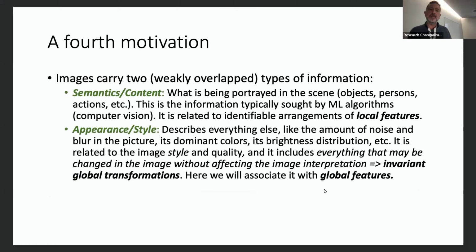First is the appearance, that is the style of the image, maybe the quality. It has more texture, it has less texture, it's blurry, not blurry. Maybe the distribution of the colors. The other one is the semantics. That is what typically machine learning or deep learning algorithms try to interpret.